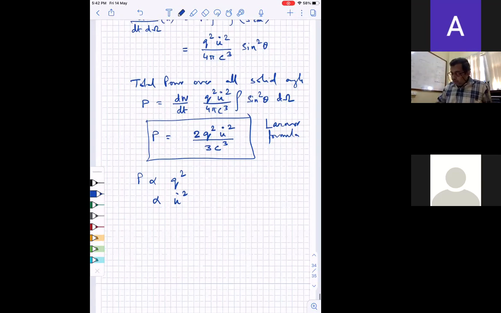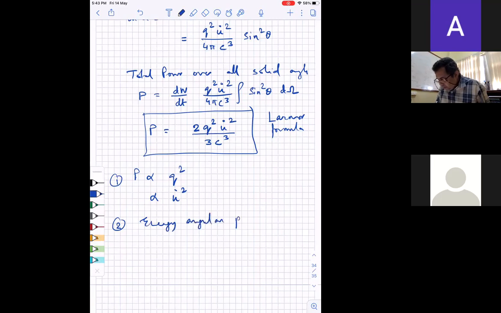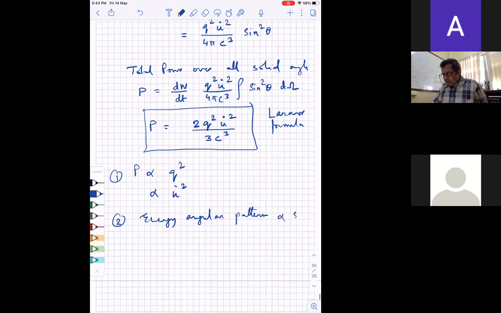Number two, if I didn't integrate over the angle, then the energy angular pattern is basically sine squared theta. That's the angular pattern of the energy. So basically, it has a dipole pattern.